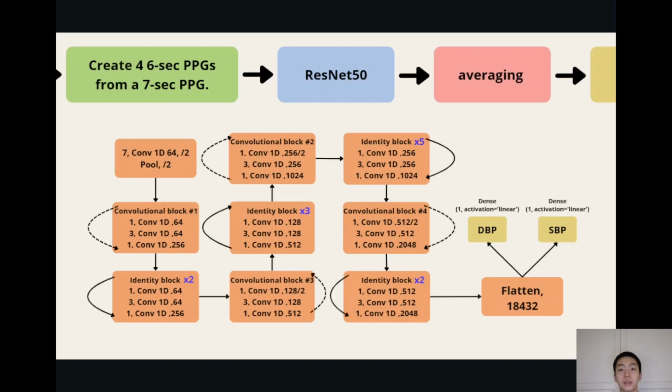Then we train the LeNet model using the created 6-second PPG signal data. We split the 7-second data into an 80-20 ratio, using the four 6-second PPG data associated with the 80% for training and the four 6-second data associated with the selected 20% for testing.